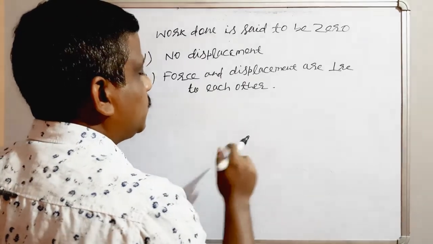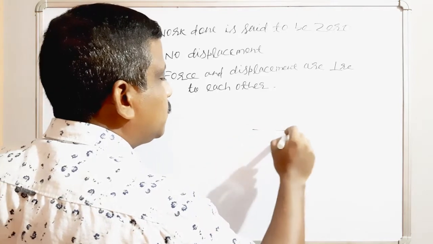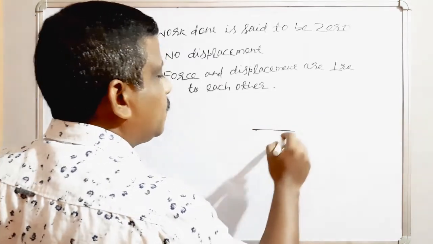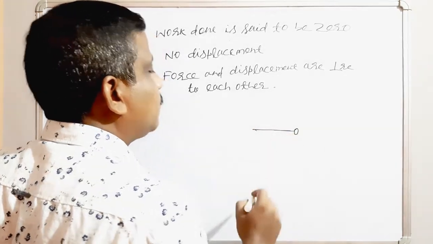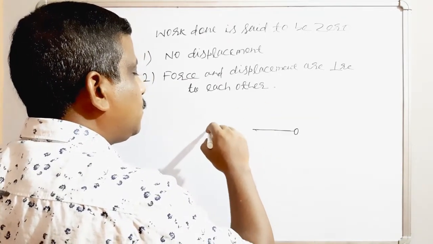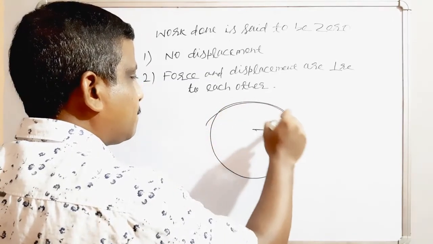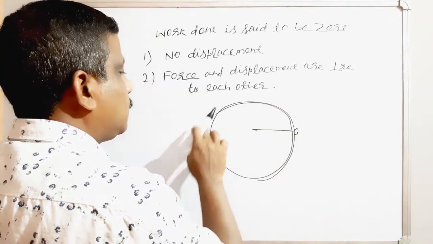So let me say it once again. Suppose a ball is tied to a string. If you rotate the string, what will happen? It will move in a circular path. Clear?